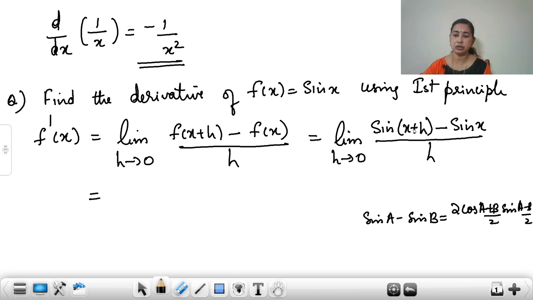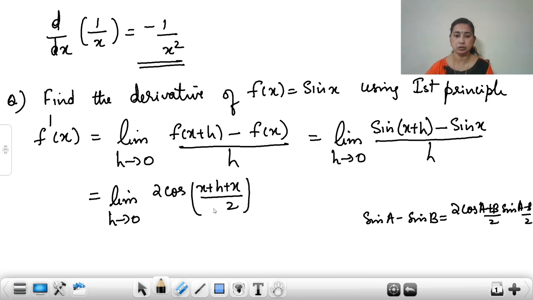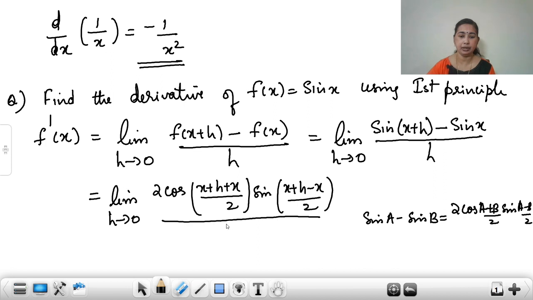So here instead of a it is x + h, instead of b it is x. So this can be written as the limit as h tends to 0 of 2 cos((x + h + x)/2) into sin((x + h - x)/2), whole divided by h.